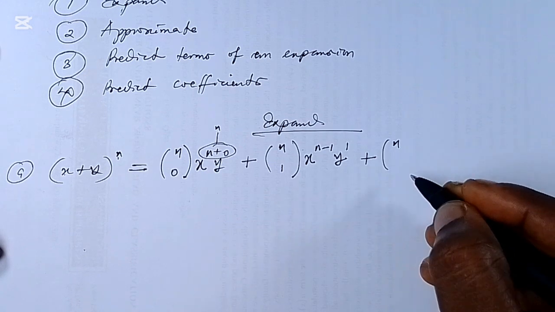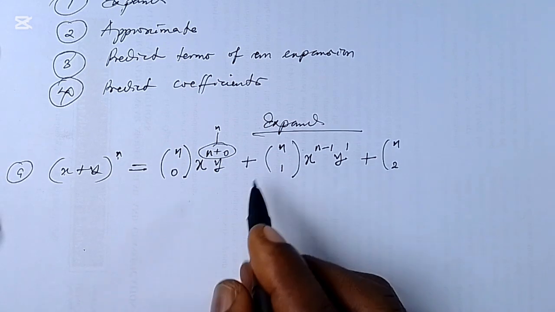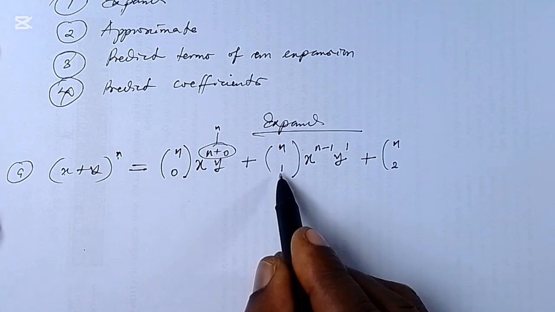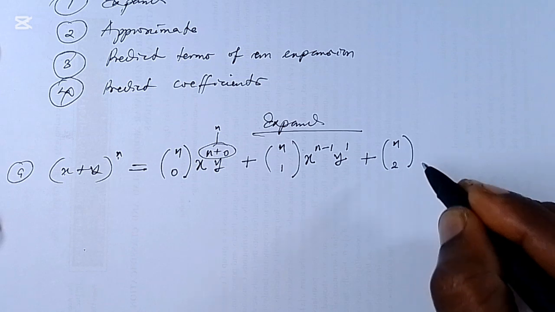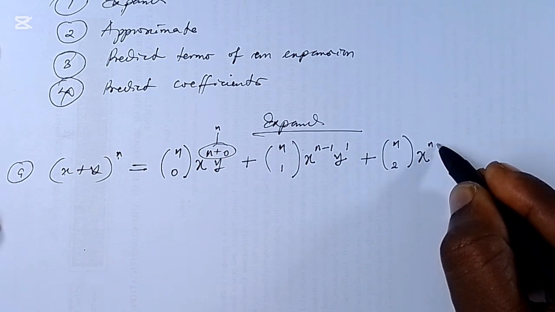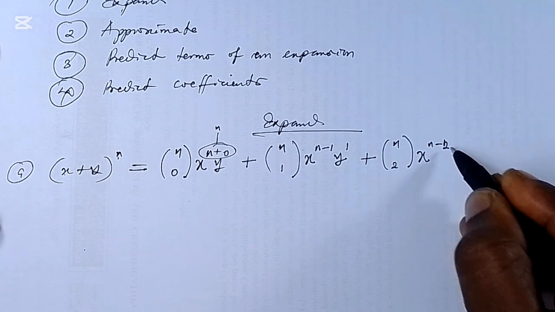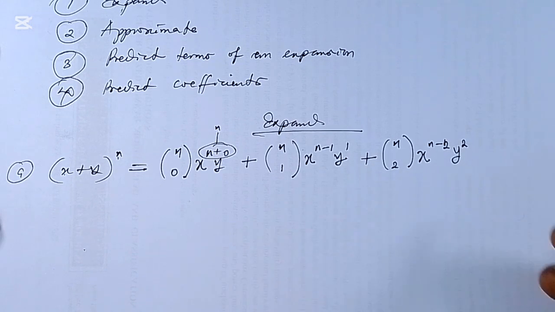Now the next term will carry n combination 2, in which case take note, 0 to 1, 1 to 2, we keep increasing by 1 for the combinatorial coefficient, and the power of x will diminish again by 1, and that will give you n minus 2, and this would increase from 1 to 2.